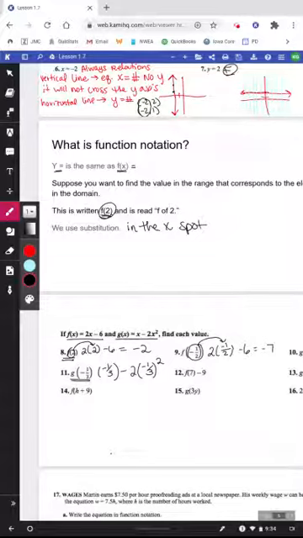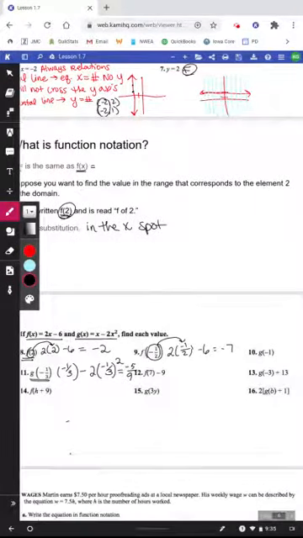And when I type that in, I'm going to type it exactly how it's written. So I'm going to do open parenthesis, -1 divided by 3, close, minus 2, open, -1 divided by 3, close, squared. And then I got a decimal, so I'm going to math enter, enter, and I got that to equal -5/9.